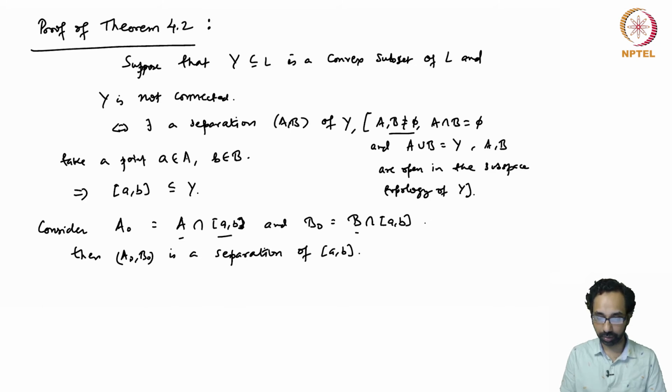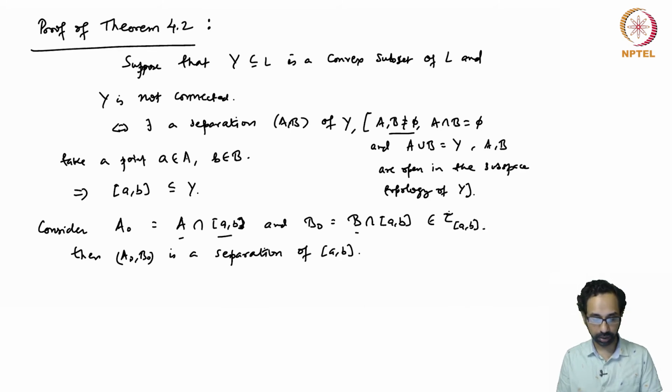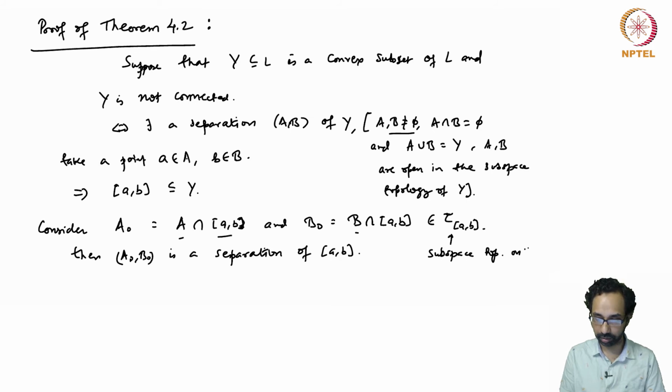These are both open in the subspace topology of this set [a,b], which is the subspace topology on [a,b] from the ordered topology on L. So now we have a separation A0, B0 of [a,b].